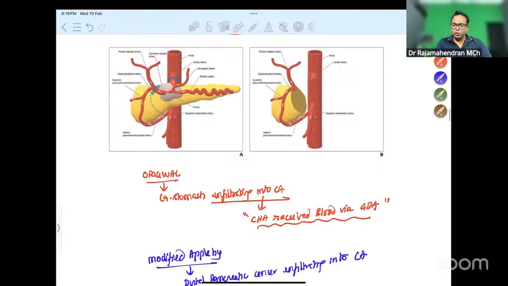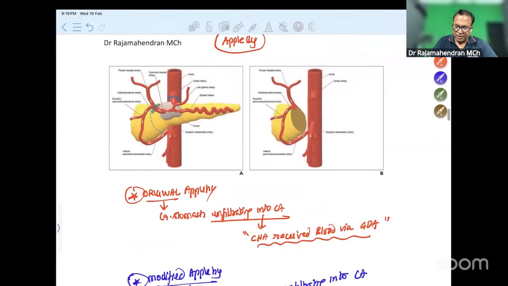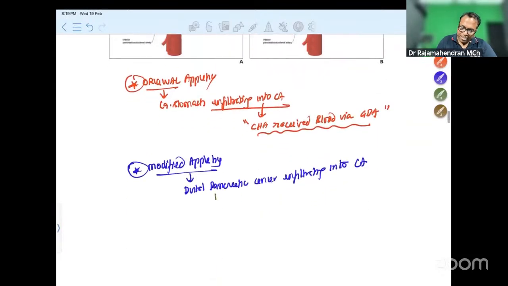See, the original Appleby for cancer stomach infiltrating into the celiac artery is no more done. Nobody is doing the original Appleby nowadays. Still, people started doing modified Appleby. The same concept was used. In modified Appleby, the stomach is not removed because it is not involved. You only remove the distal pancreas.